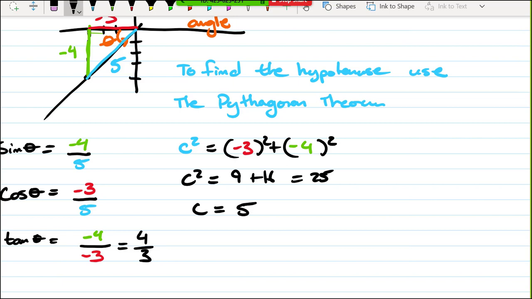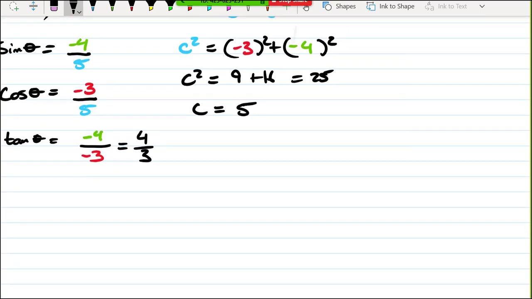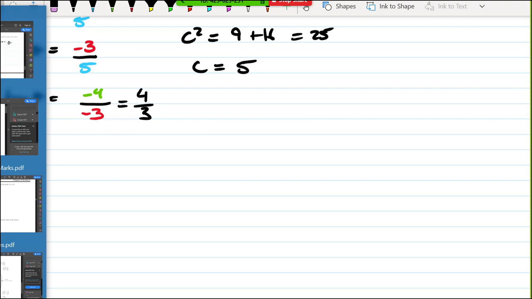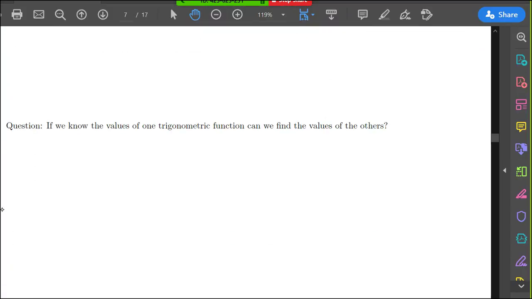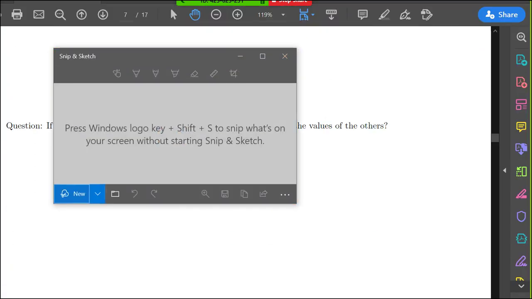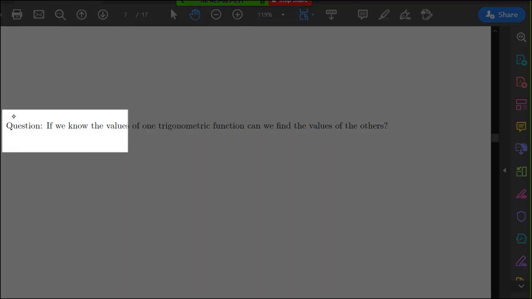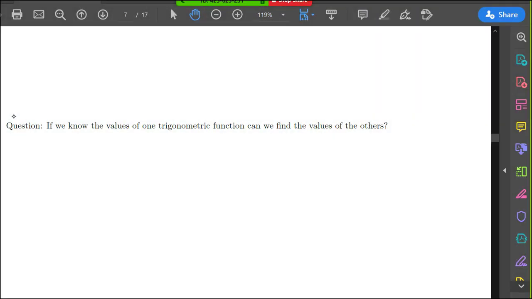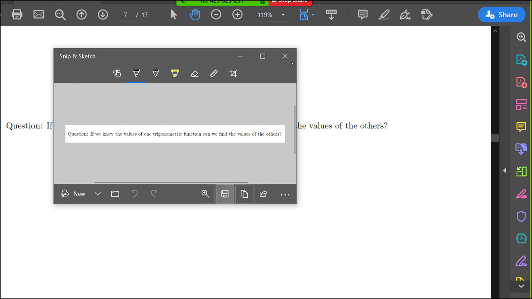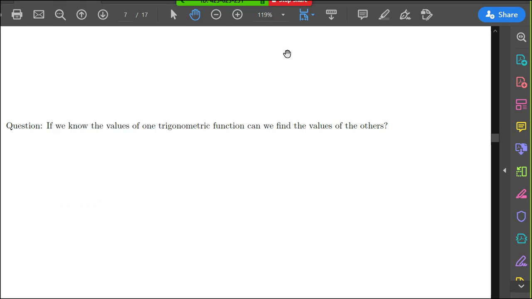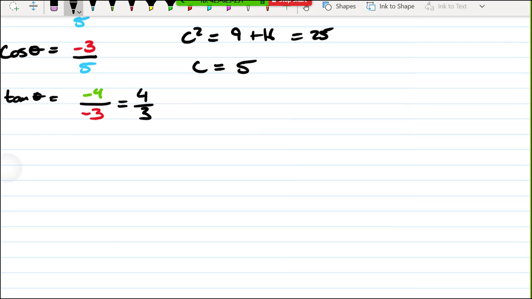All right, so the last thing from this section is we want to pose the following question. If we know the value of one trigonometric function, can we find the values of the others?